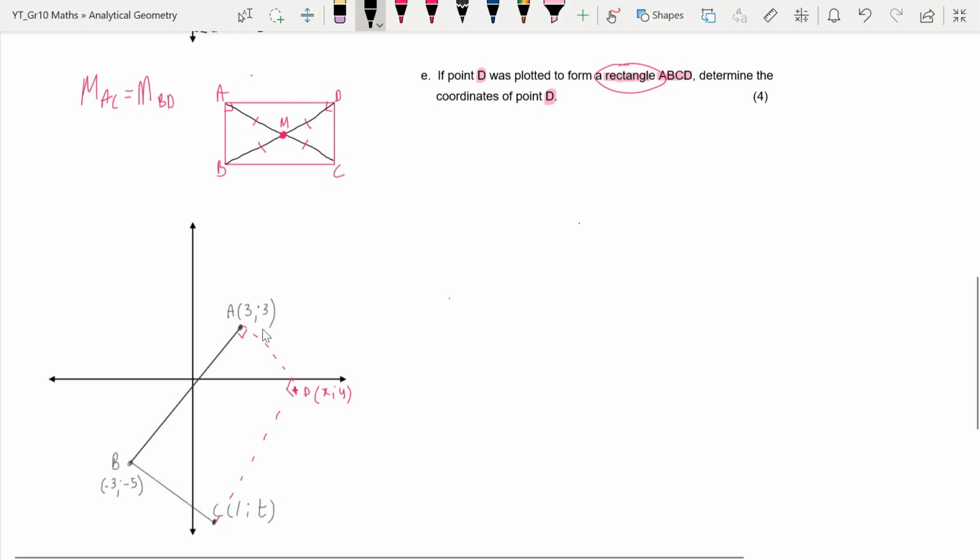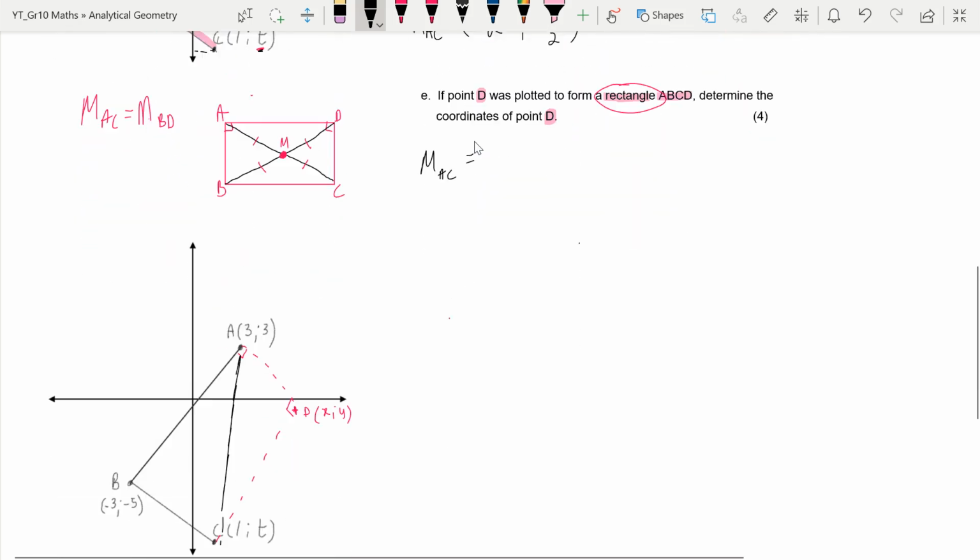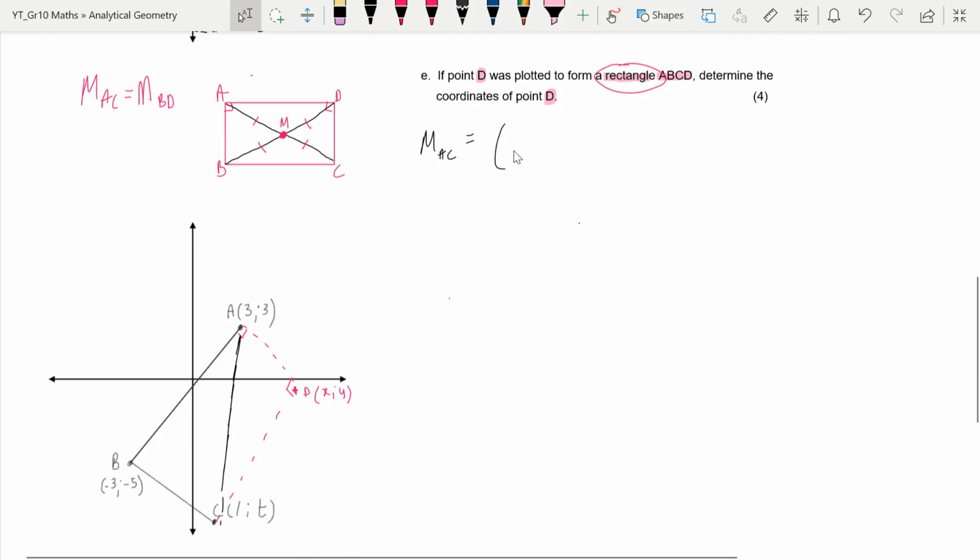And what is good, with the previous question, we found the midpoint of AC. What was it again? 2 and negative 5 over 2. So we already have the midpoint of AC. So we've got that one already as 2 and negative 5 over 2.